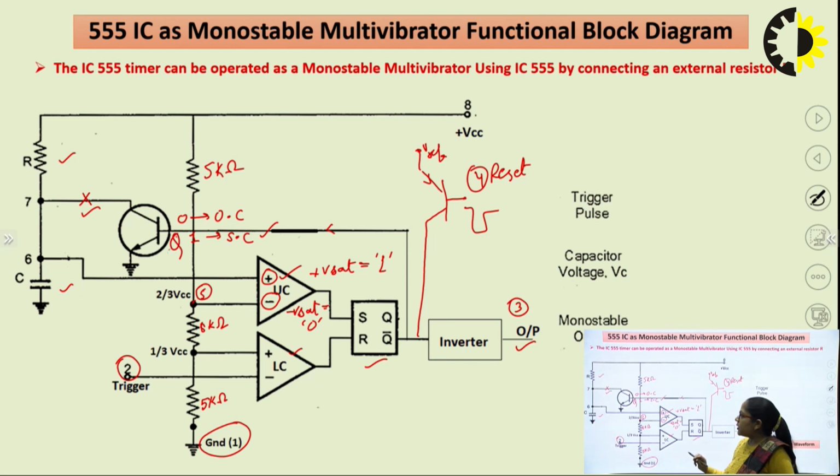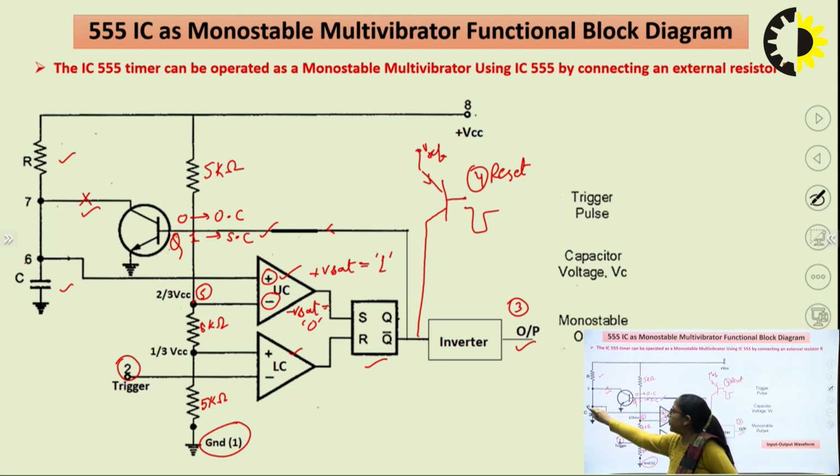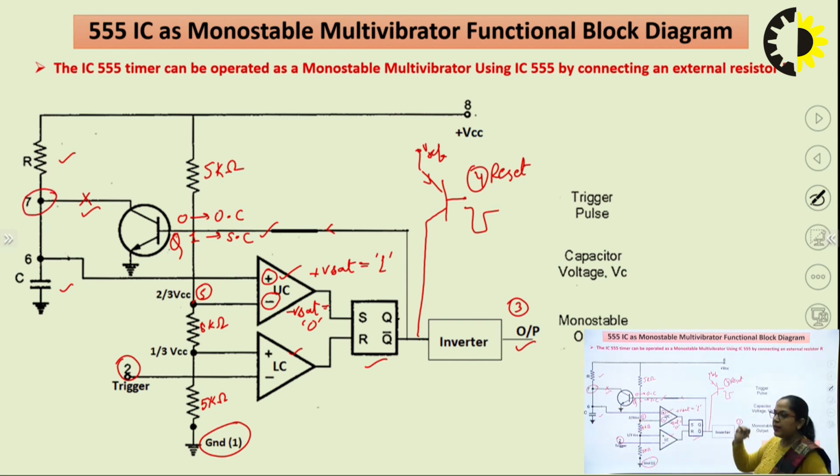Then pin number 6, that is the threshold voltage. It is the non-inverting terminal of upper comparator. It is this point. Pin number 7 is the discharge terminal, which is internally connected to the collector of discharge transistor. It is this point. Then pin number 8 is the power supply. That is this point. Fine.